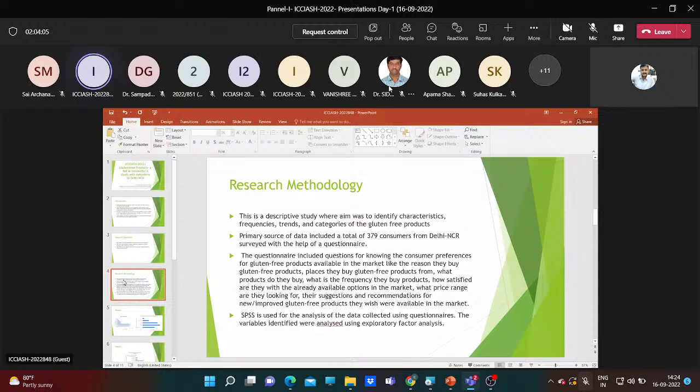So we surveyed 379 consumers from Delhi NCR with the help of a questionnaire, covering these products, how satisfied they are with them, what the price range available in the market is, and what suggestions or recommendations they are ready to give for improved versions of these products. For the analysis, we used SPSS, and the variables were found and analyzed using exploratory factor analysis. Now let's move on to the results.